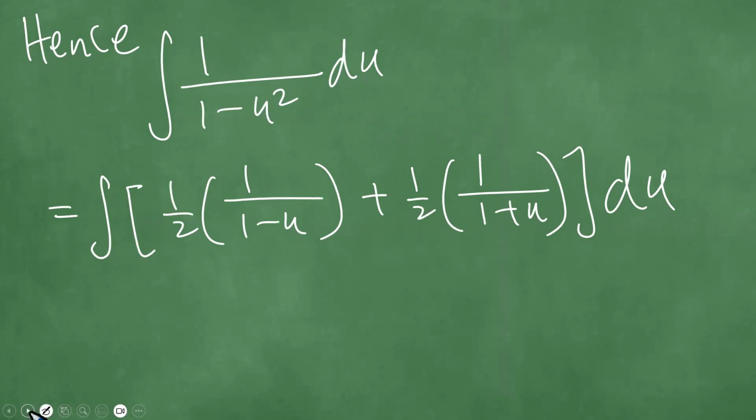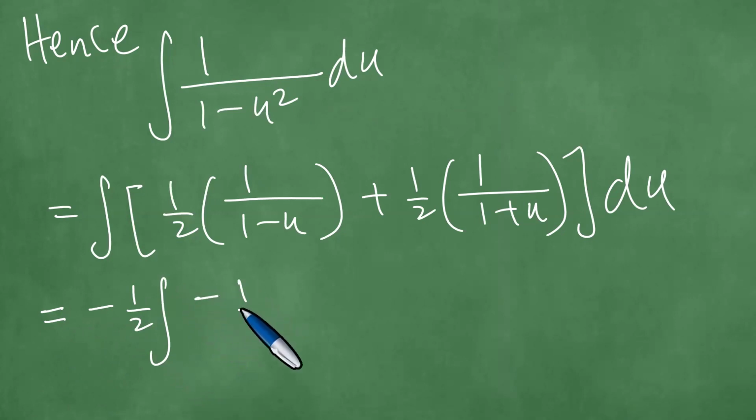So at this point, we can perform integration, but now something very trivial is the following. We can write here 1/2 times minus 1 times the integral of minus 1 over 1 minus u du, which is -1/2 times the integral of -1 over 1 minus u.